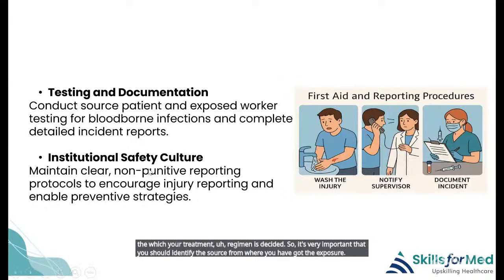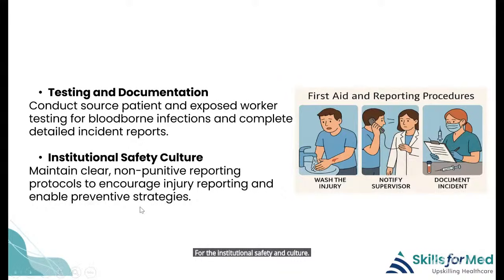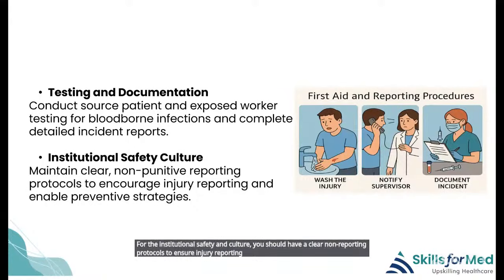For institutional safety and culture, you should have clear non-punitive reporting protocols to ensure injury reporting and enable preventive strategy. Like I always told, there is nothing to hide. It's always for improvement purposes. So you should never underreport an incident whenever it happens.